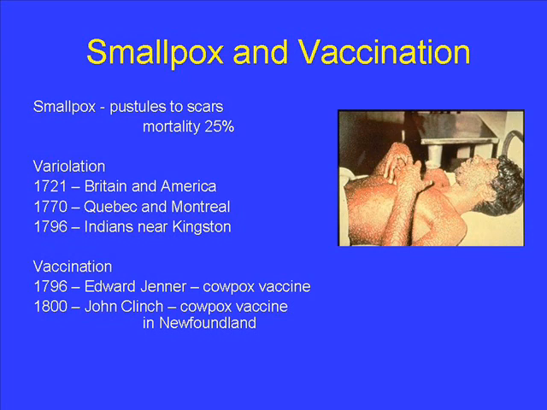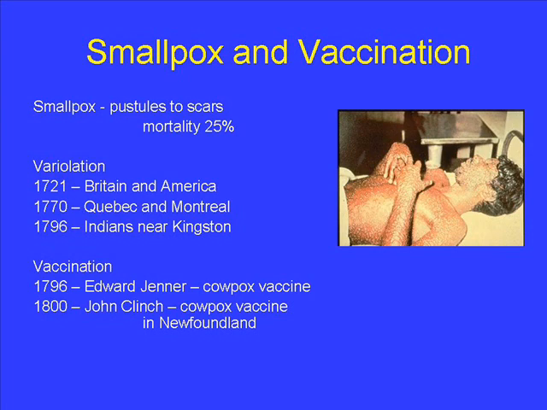However, there is a famous story of the bringing of the procedure of variolation to Britain and subsequently to America from Turkey, and variolation was used by many because of the concern of the mortality from the naturally occurring smallpox.